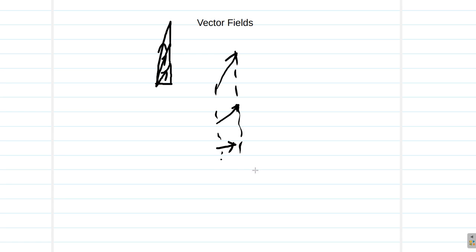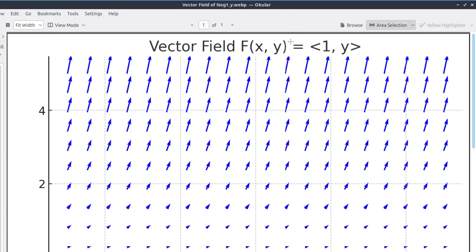And the base of the triangle is always 1, but the height is getting higher and higher, then the hypotenuse would keep getting steeper and steeper as you go up. Because this width is always 1. So this is a vector field 1, y.